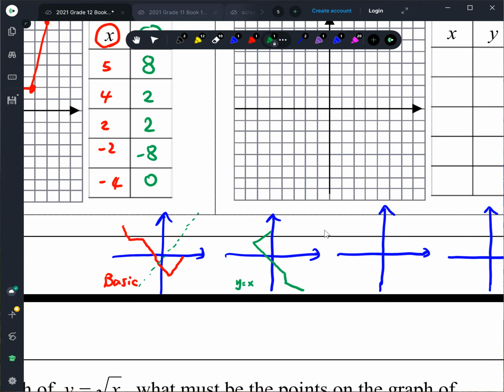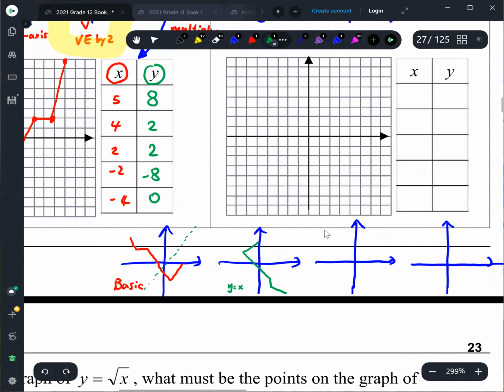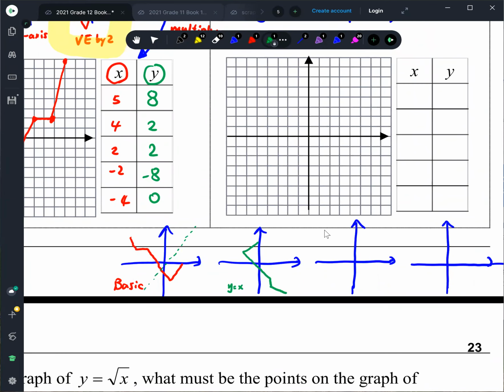Reflect over y = x. Please raise your hand after you get this graph.